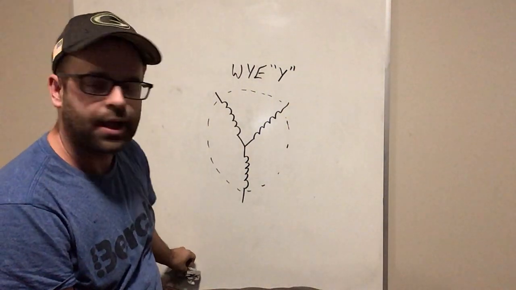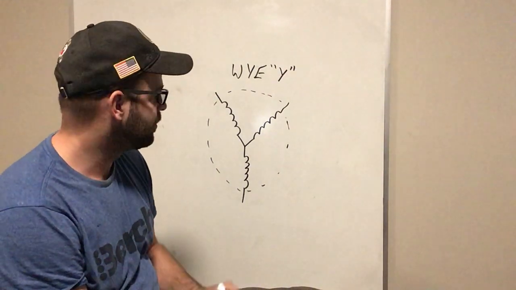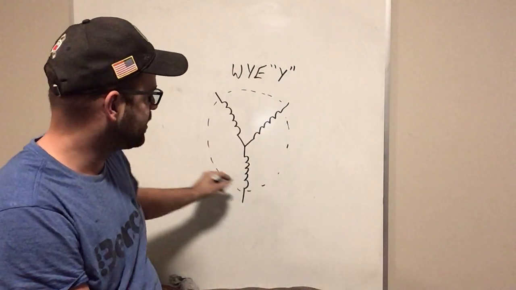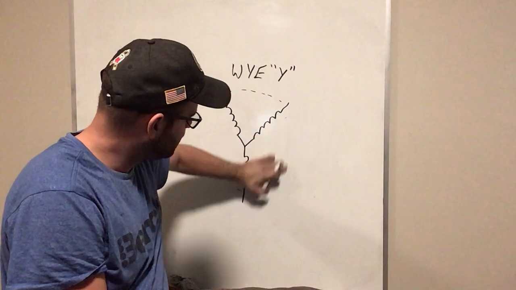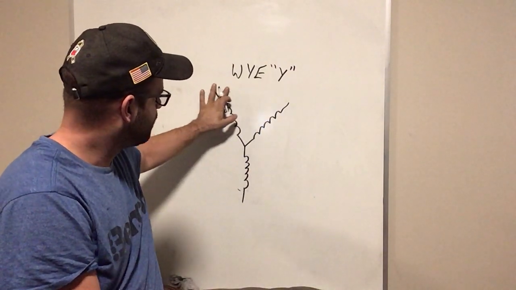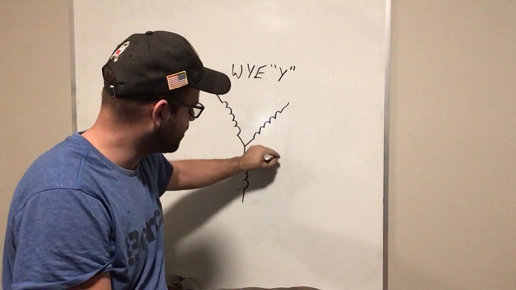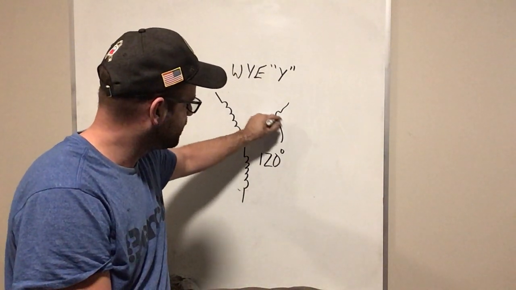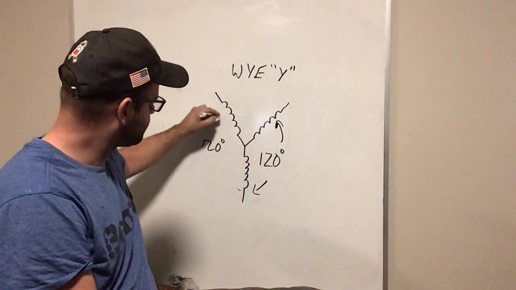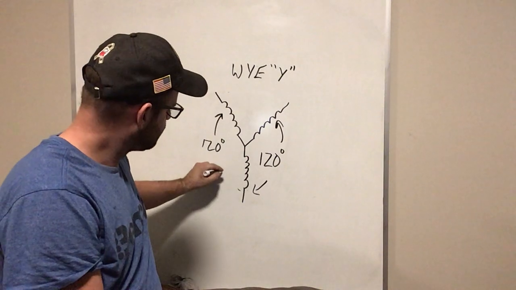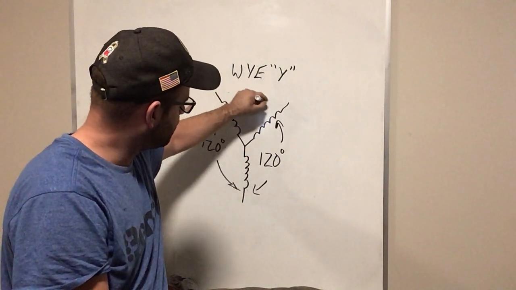So in a Y configuration, if we were to look at this as a circle, all of these windings are 120 degrees out of phase with each other. So 120 degrees, this one's 120 degrees, and this one is 120 degrees.